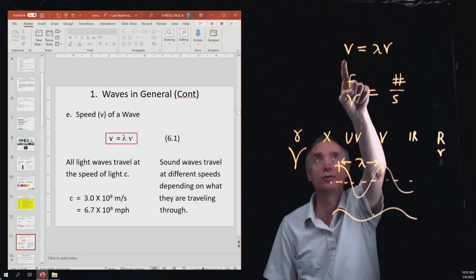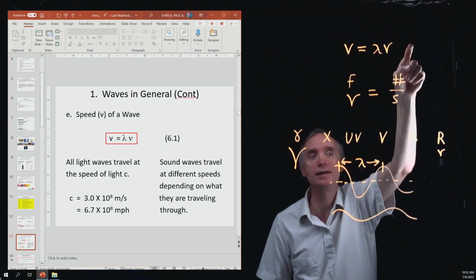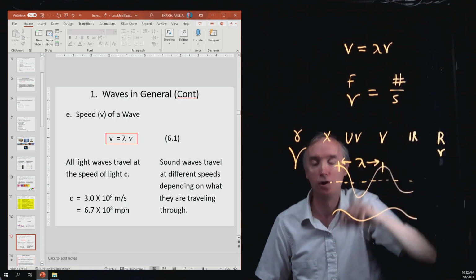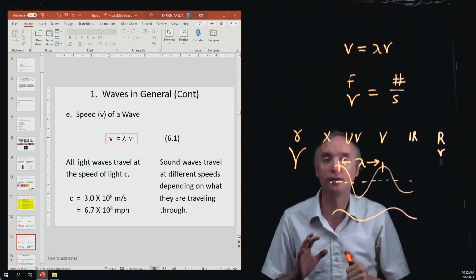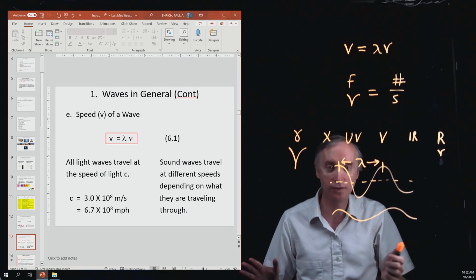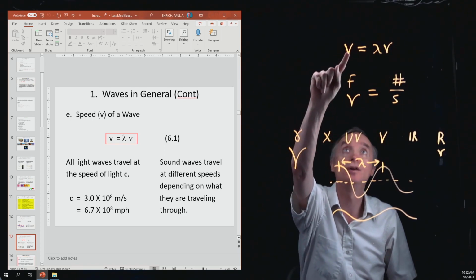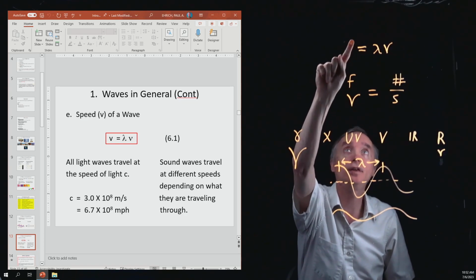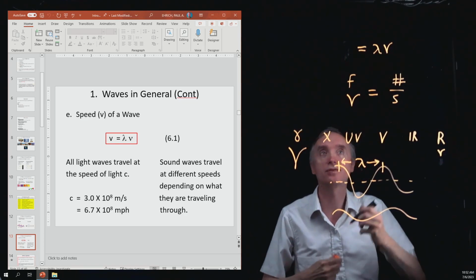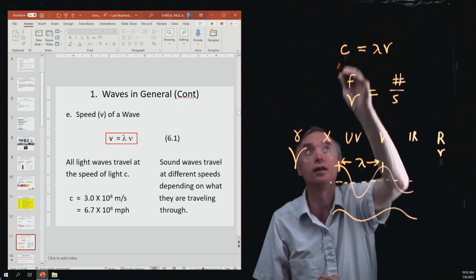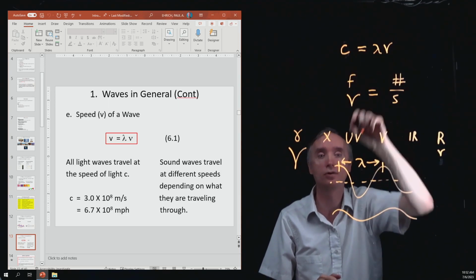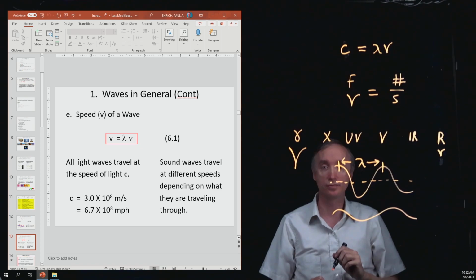So this formula here, which works for any kind of a wave, we're going to modify it for light waves, which is the only thing that you need to worry about on the exam. So instead of the letter V, we're going to put the letter C for the speed of light. So this formula works for light waves.